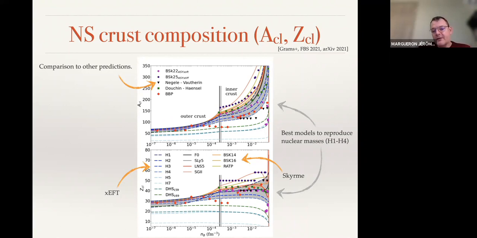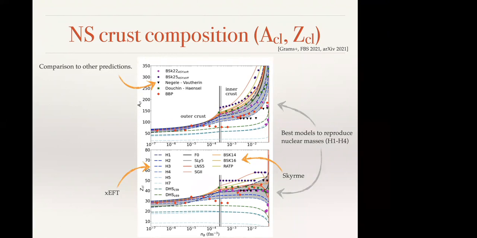So the fact that these predictions are off our band is, in my opinion, mostly given by the fact that they have a different symmetry energy, more than because they incorporate shell effects.